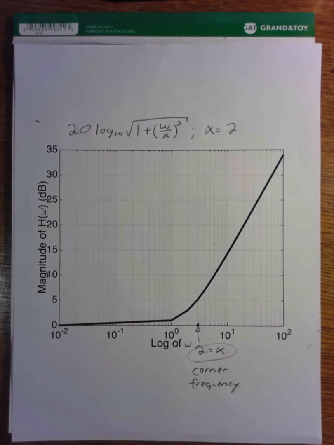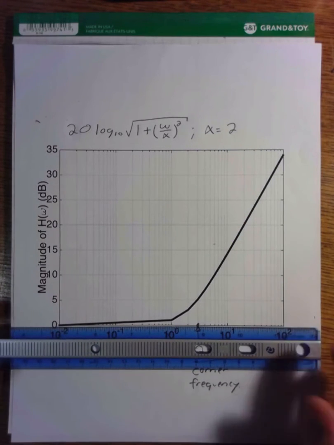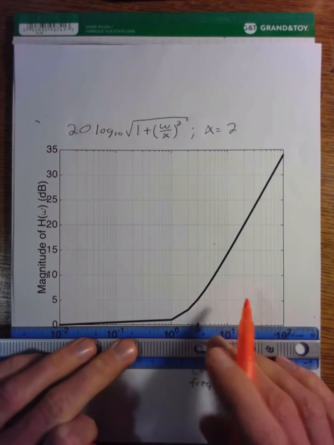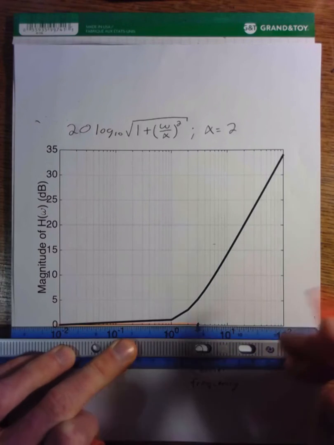If I were to draw this in, we locate the corner frequency, which is equal to alpha, and to the left of the corner frequency, we approximate our frequency response using a flat line at 0.